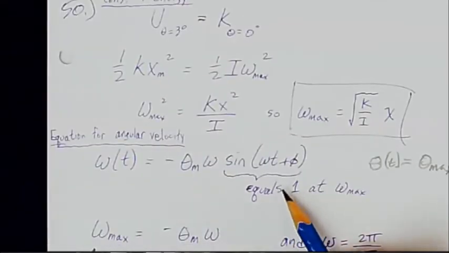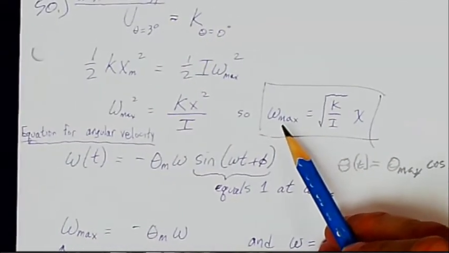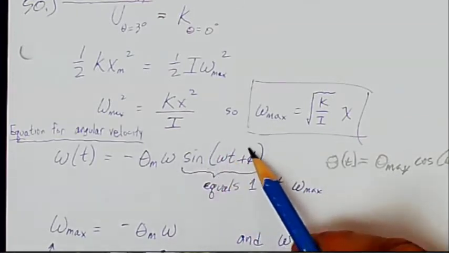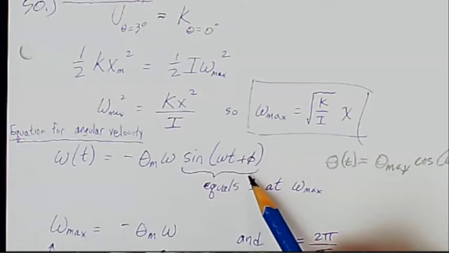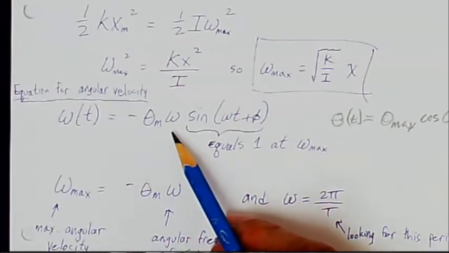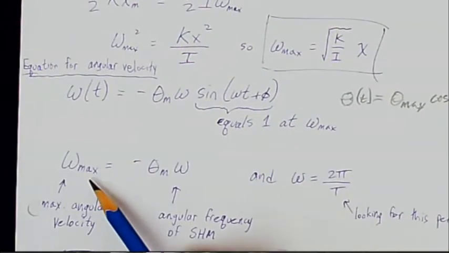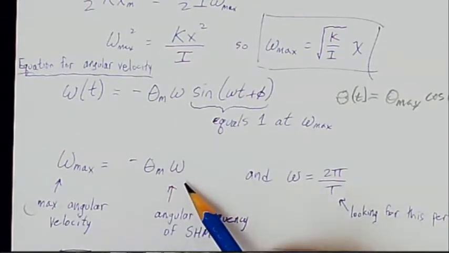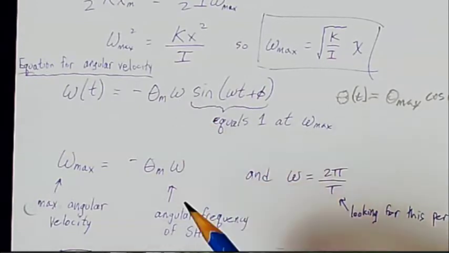Now at the maximum speed, I know that's when this sine part of the equation is 1. So I can just set that equal to 1, and now my equation simplifies: my maximum angular speed is equal to my maximum angular displacement times the angular frequency. So be careful.